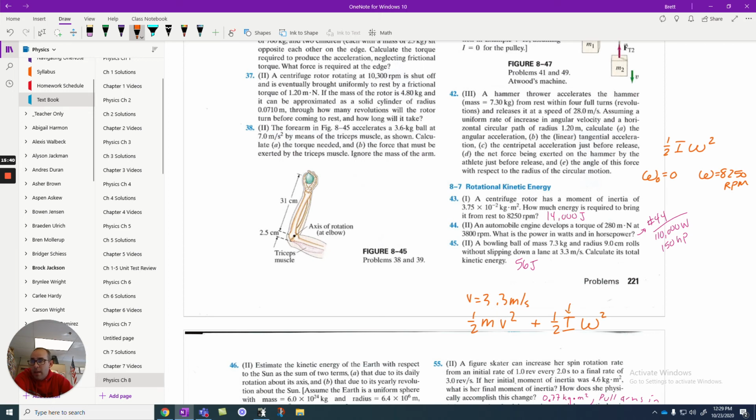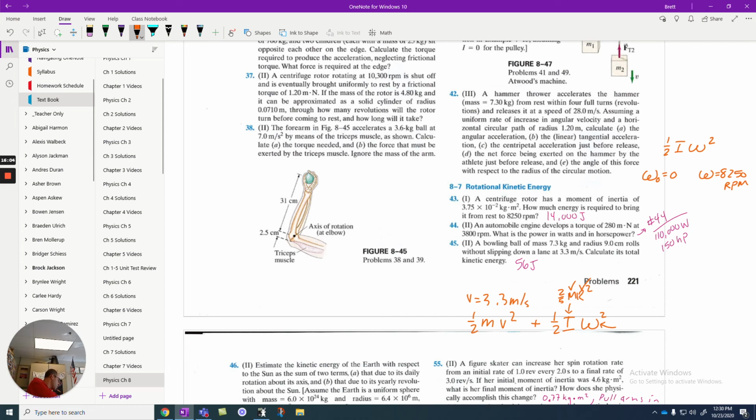Now I, it's a sphere, right? A bowling ball is a sphere, so that's 2/5 mr squared. Do you have the mass? Yes. Do you have the radius? Yes. But we still don't know how fast the ball is rotating. What's its radian per second rotation rate? Well, remember there is a formula that attaches velocity to angular velocity.